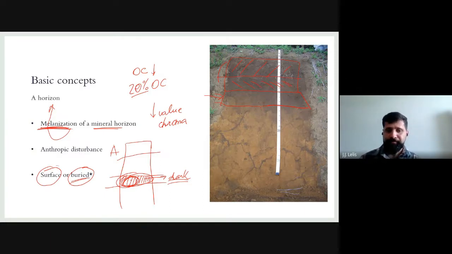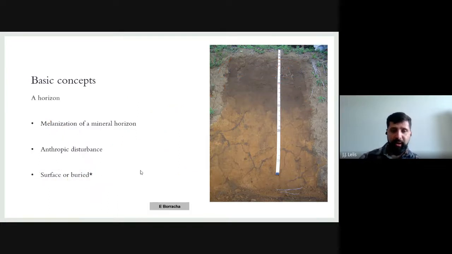But if organic matter moves from upper horizons into this horizon, and this gives the horizon a dark color, then it's not an A horizon. The A horizon should be formed on the surface.